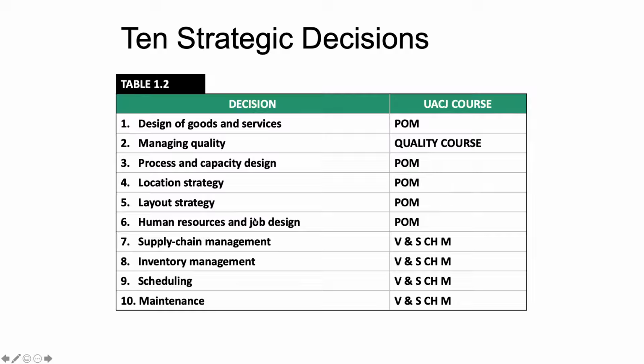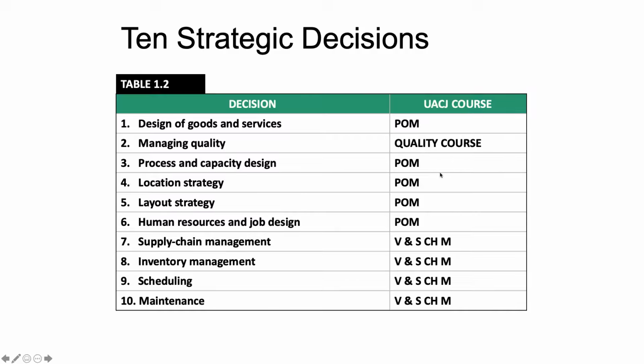When we are talking about putting value on this, we need to improve performance in how we design the goods and services, how we manage quality, the process and capacity design, location strategy, layout strategy, human resources and job design strategy, supply chain management, inventory management, scheduling, and maintenance.